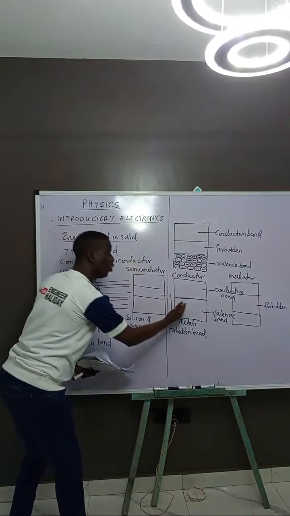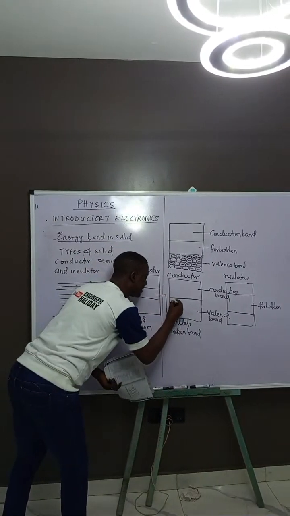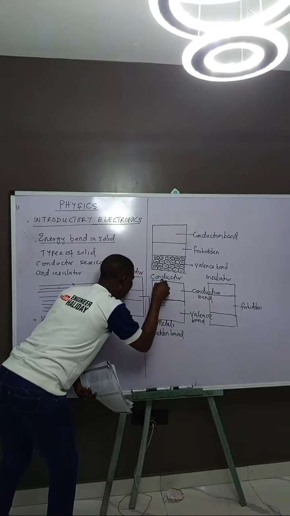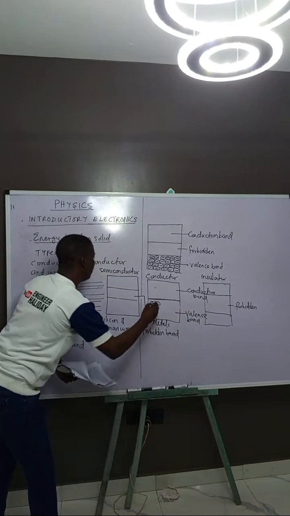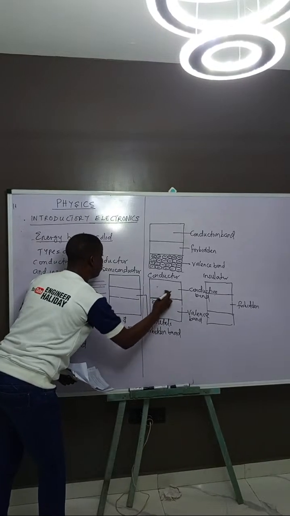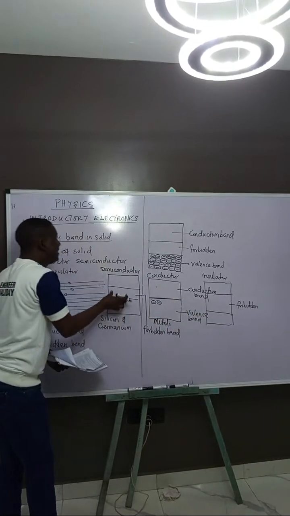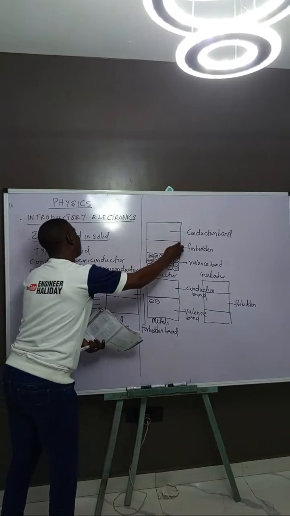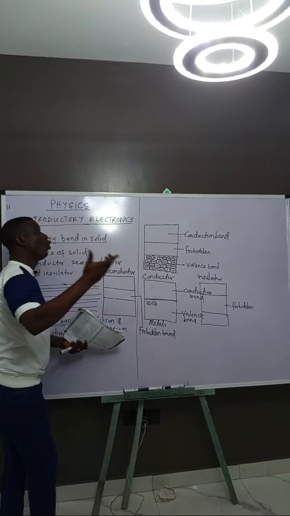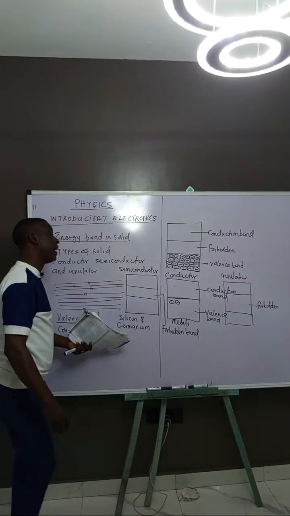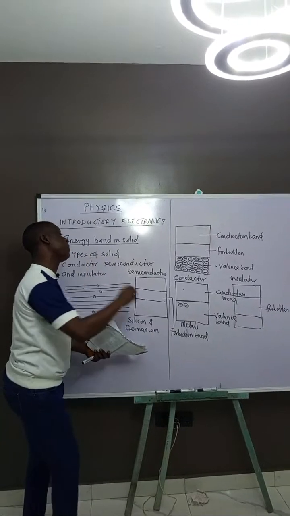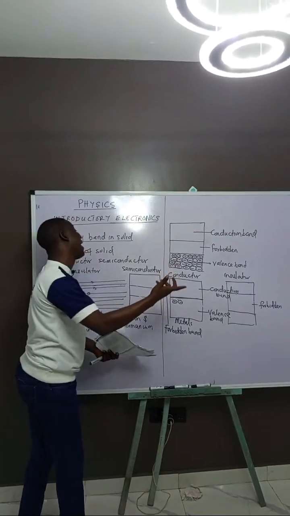Now, the electrons in the valence band will get to the conduction band in a conductor freely without any disturbance, knowing fully well that there is no forbidden band to stop them. The only band material that does not have a forbidden band is the conductor. Why?